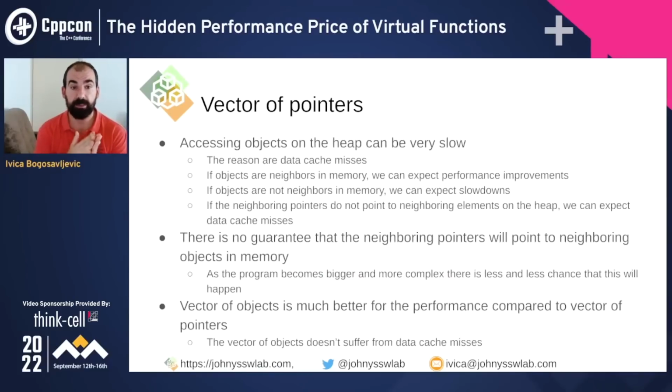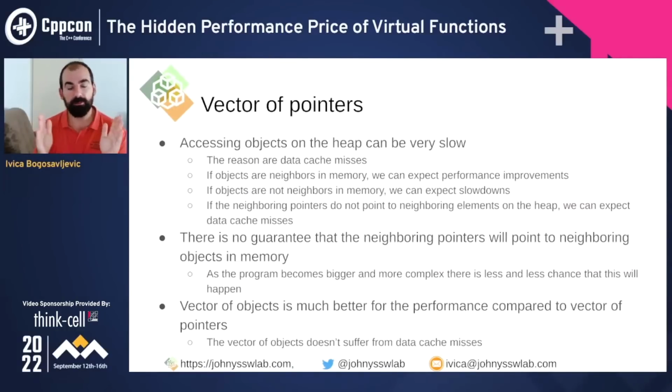If we are accessing an array of objects and the objects are neighbors in memory, so we are accessing them one after another, we can expect performance improvements. If the objects are not neighbors in memory, so if the CPU needs to jump around memory accessing objects, we can expect slowdowns. So in our case, if we have a vector of pointers, and if the pointers are not pointing to neighboring elements on the heap, we can expect data cache misses, and this will influence performance.